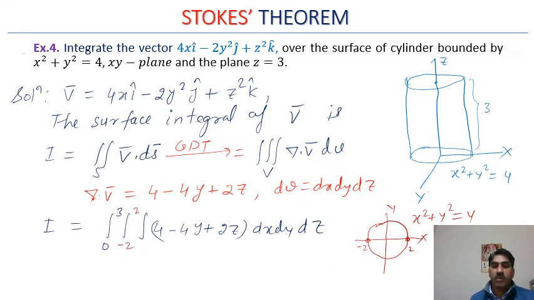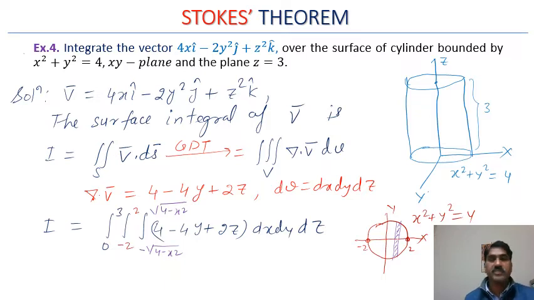And for the value of y, you need to draw a perpendicular strip, and this will take the values from minus square root of 4 minus x square to plus square root of 4 minus x square.